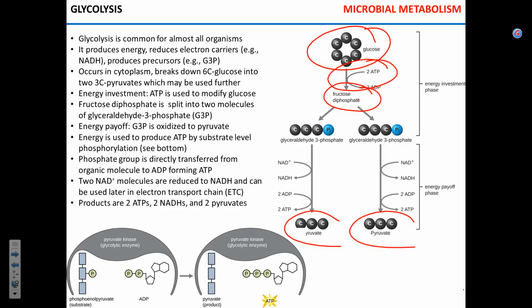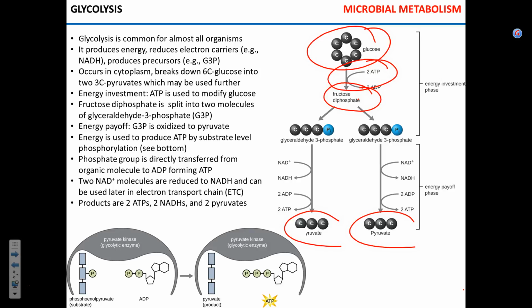Here's the thing, you have to invest some energy. So fructose biphosphate can more easily split in pieces, releasing high energy electrons. It's not essentially the activation energy idea, but it's a similar idea.